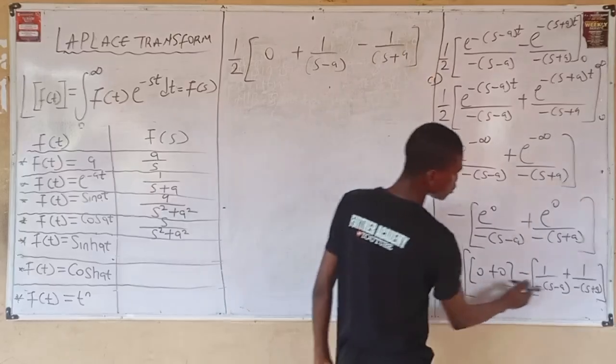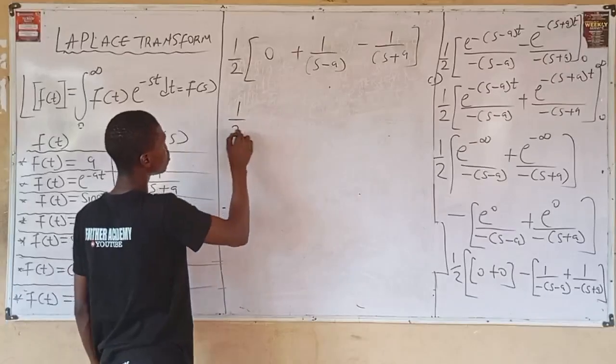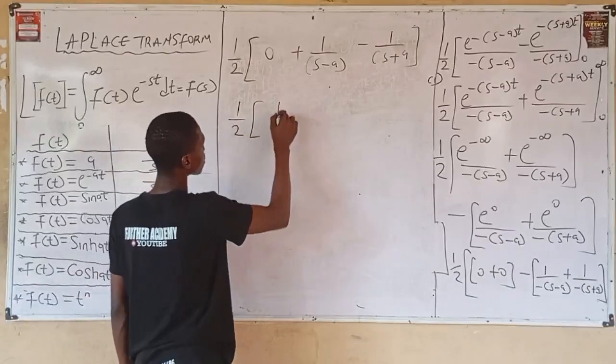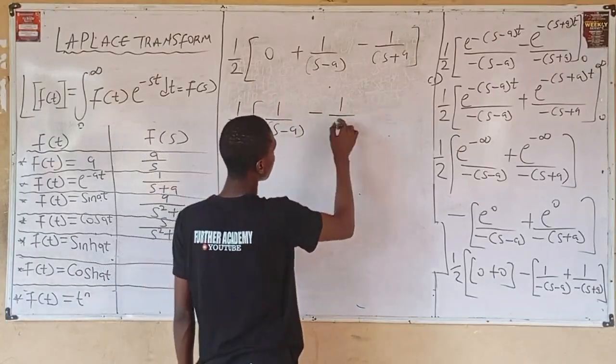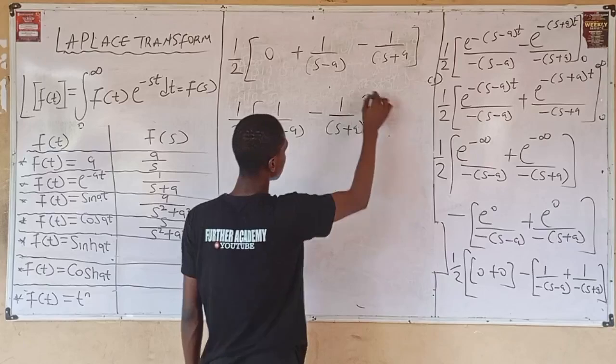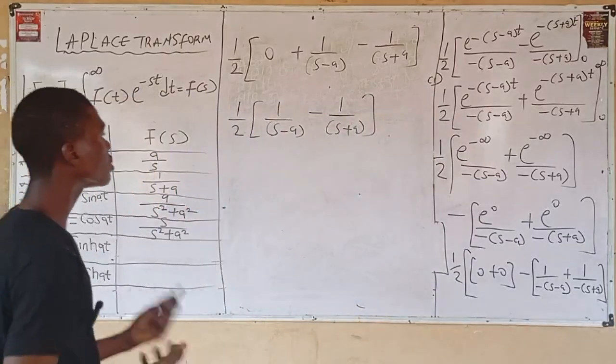Using this negative to open this bracket, this is what you have. Meaning I'm having 1 over 2a, all into bracket, 1 over (s minus a) minus 1 over what? (s plus a). Alright, now from here, let's do our LCM.